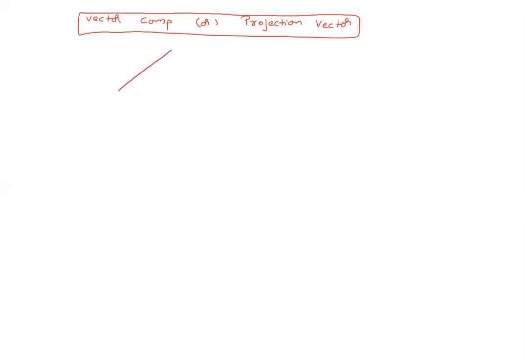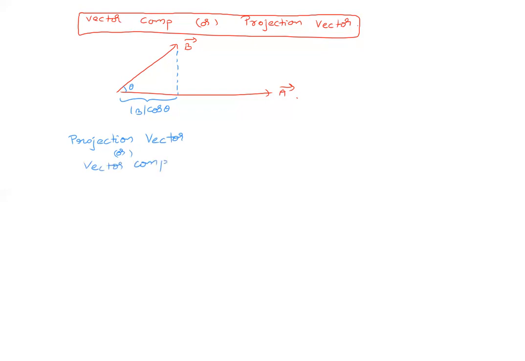If you have this vector b bar and this is your vector a bar, in all these questions don't forget to simply draw a diagram, and half of the answer will be done. So mod b cos theta is your projection, which is also called the vector component. The mod b cos theta part is your magnitude, times direction.